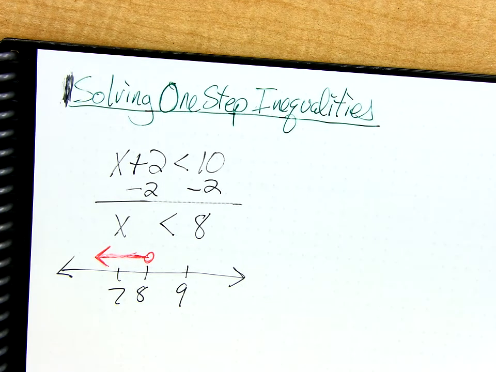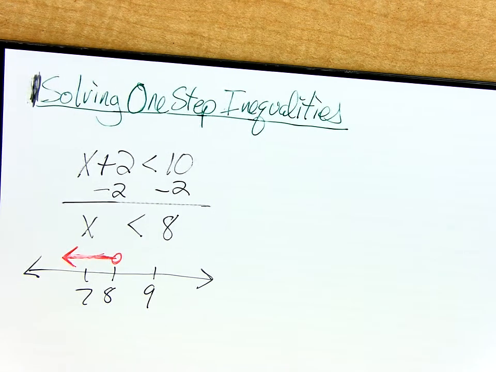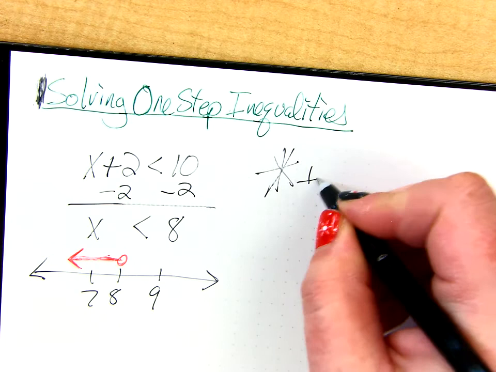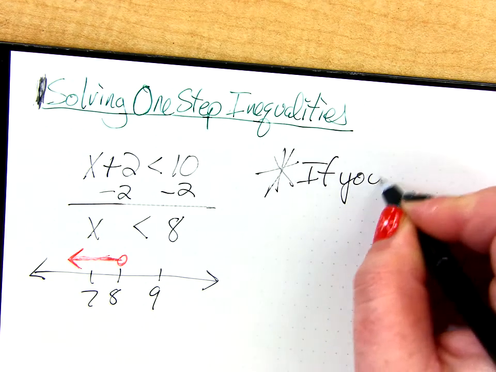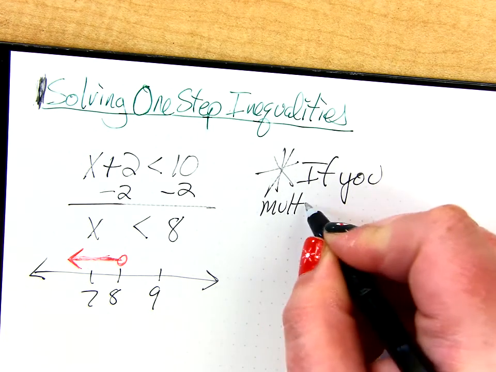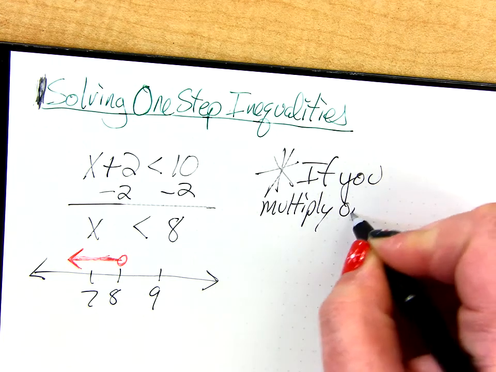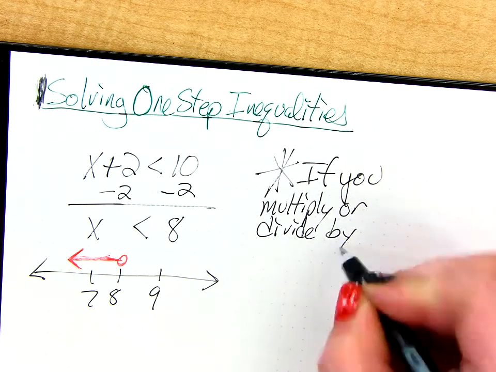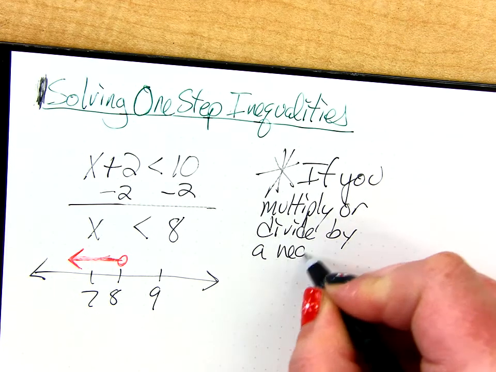So now let's put down the golden rule of inequalities. So big old star for this important fact. If you multiply or divide by a negative, does anybody know what happens?